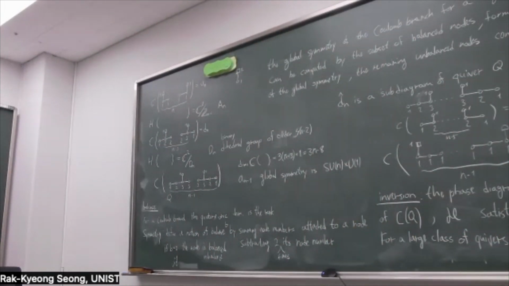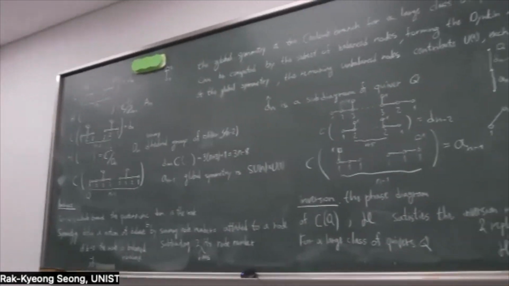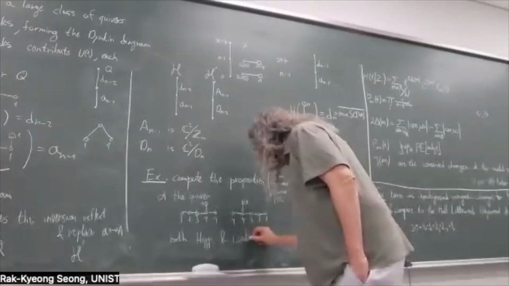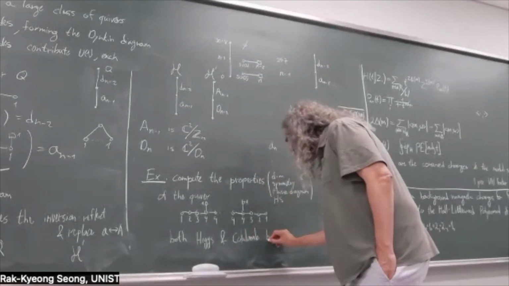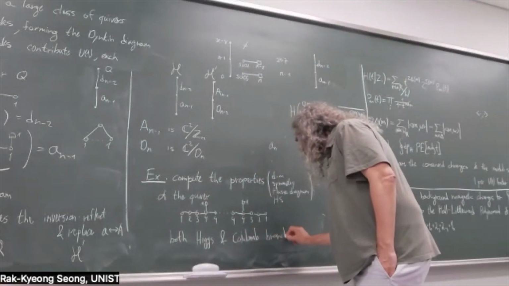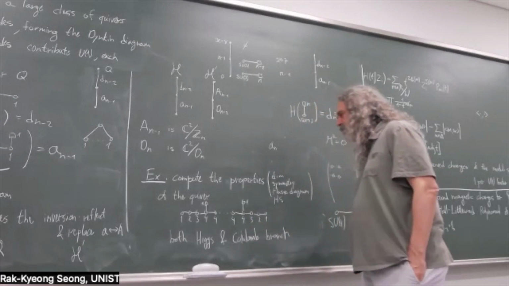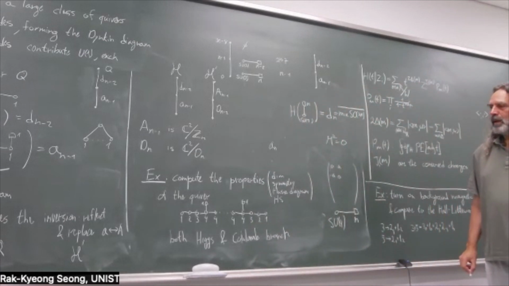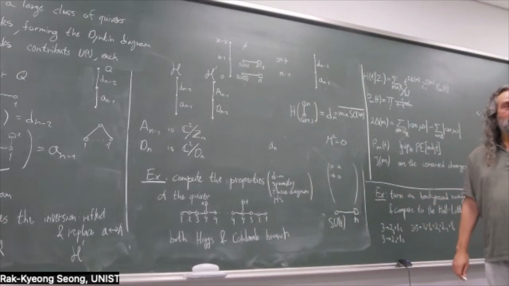So compute the properties of this quiver, both for the Higgs branch and Coulomb. Can you find the dual quiver?